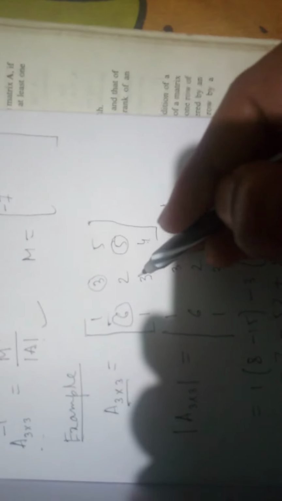Now we need to find the cofactor matrix, meaning M. The cofactor matrix can be found in this way. The cofactor of 1 will be 8 minus 15, meaning minus 7. When we find the cofactors, we know that this position is negative, this is negative, this position is negative, and this position is negative, and the other positions are positive.